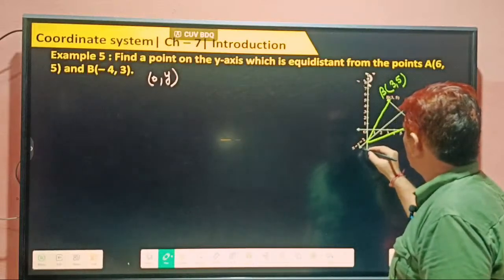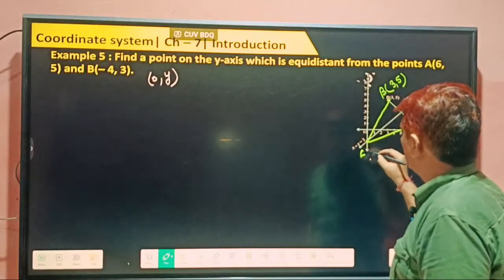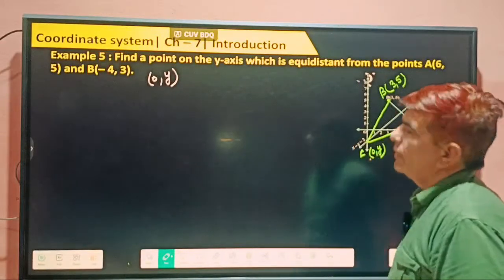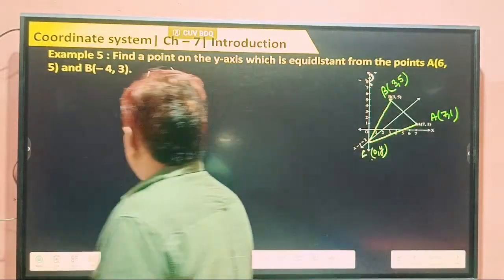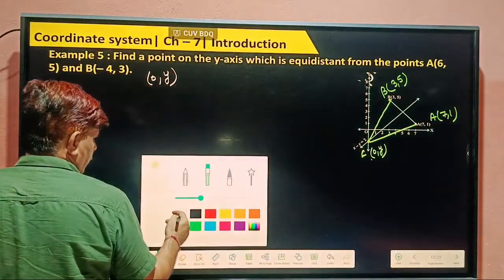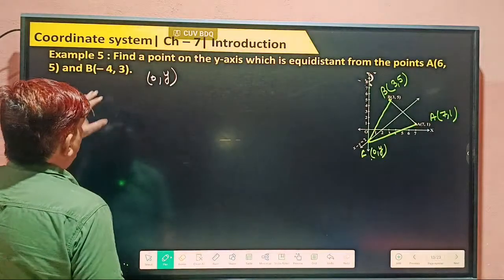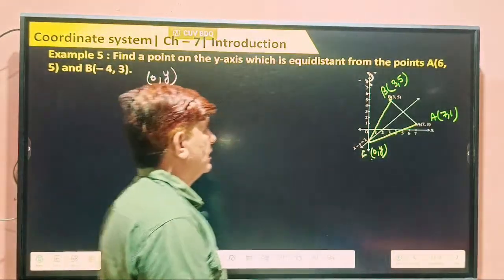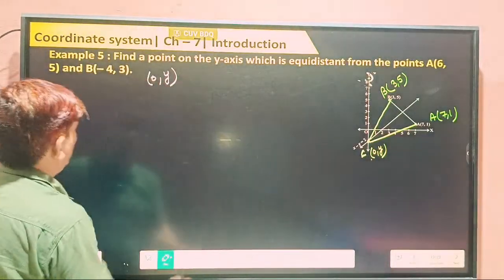What's its name? C we can say, and its coordinates are 0 and y. So here, find a point on y-axis, its meaning is this, x-coordinate is 0. So first we can find out BC.